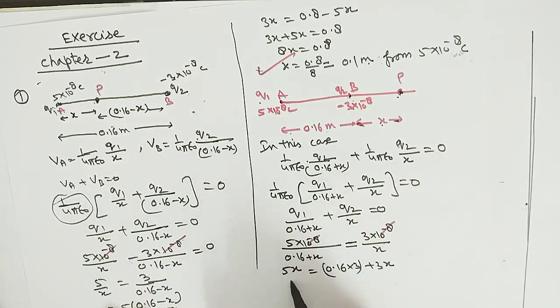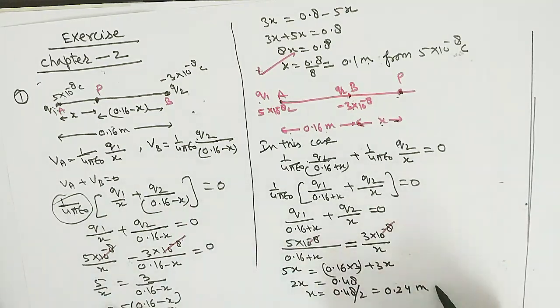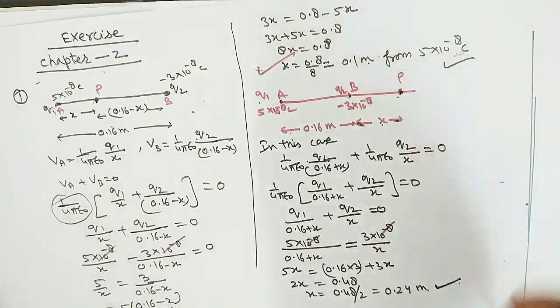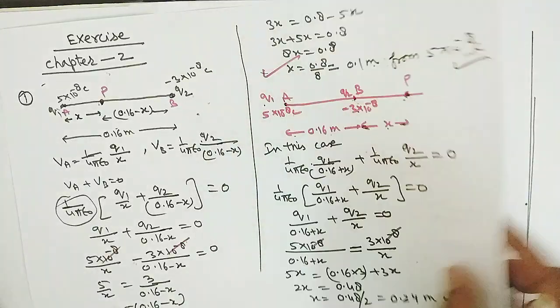So 2x is equal to 0.48, or x is equal to 0.48 divided by 2, so it is 0.24 meter. So this is the another possibility, the second answer, and this is the first answer. So it was question number 1.